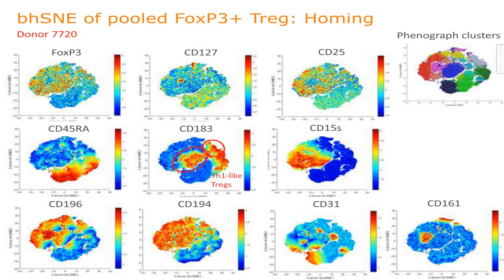So I'll draw your attention to CD183 here, and this is our Th1-like T regulatory cells. And then if you want to follow your eyes over to our phenograph cluster, for example, right here, we can see that the CD183 clusters actually fall within some of the unique clusters that were pulled out in phenograph.